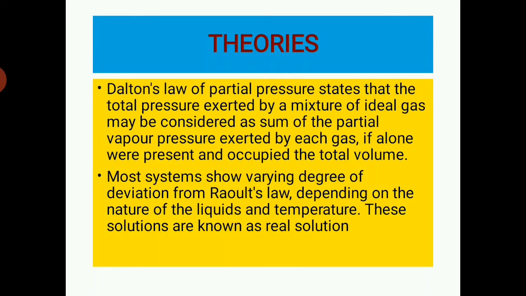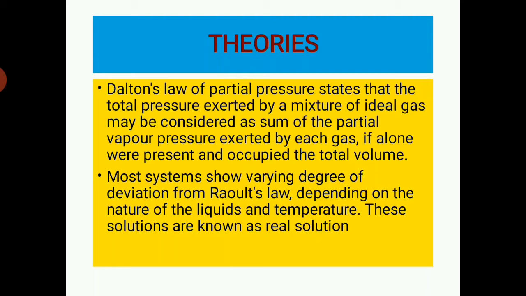These solutions are also known as perfect solutions, and the components of these solutions have a similar structure. Examples are benzene and toluene, n-hexane and n-heptane, ethyl bromide and ethyl iodide.